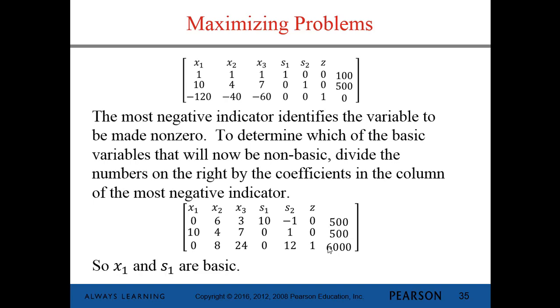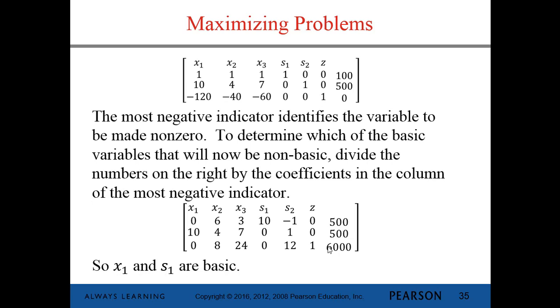If X1, as we saw before, is 50, and X2 and X3 are 0, then the maximum profit that we get is 6,000.